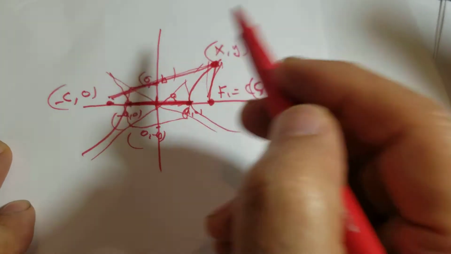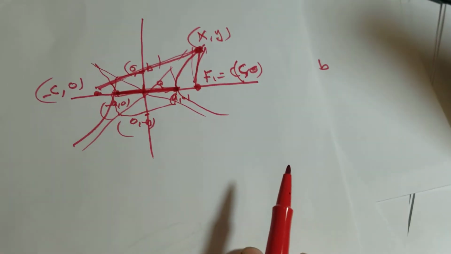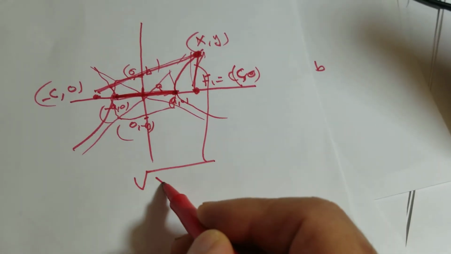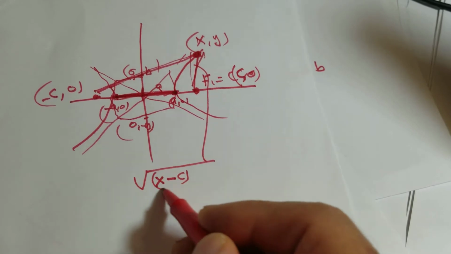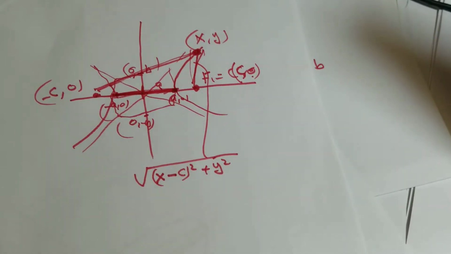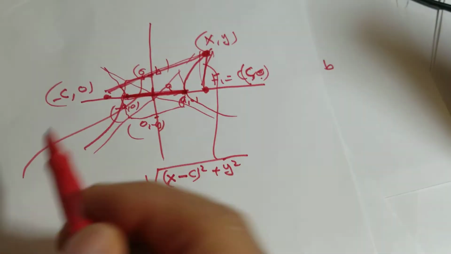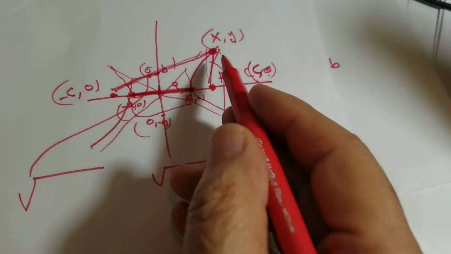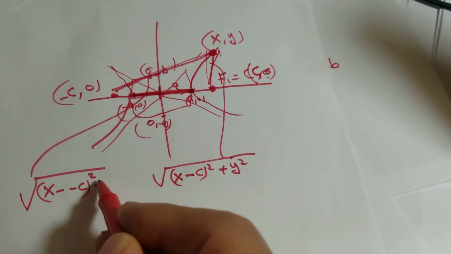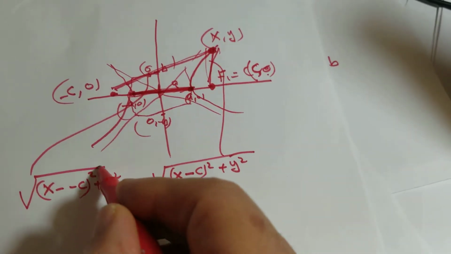I'm going to find that distance, subtract them, and set them equal to 2a. Give me that distance. Square root of x minus c squared plus y squared, because here the y is 0. What is that distance? It is x minus a negative c squared plus y minus 0 squared.